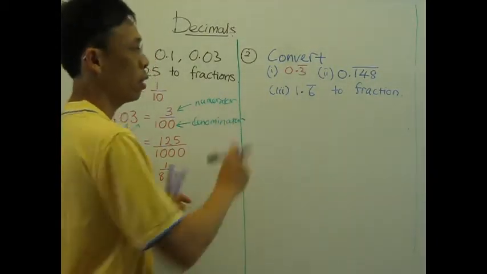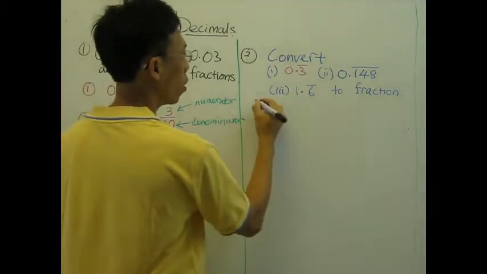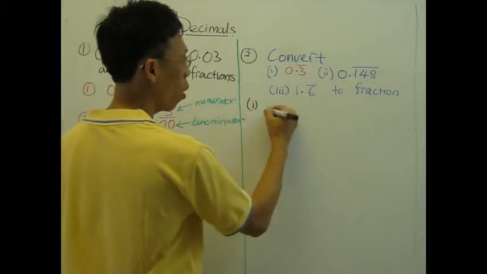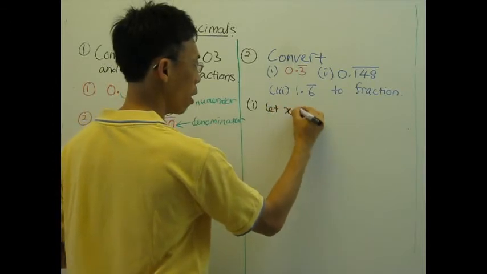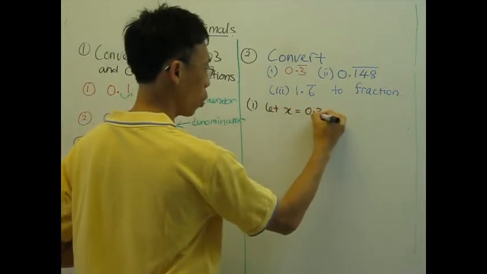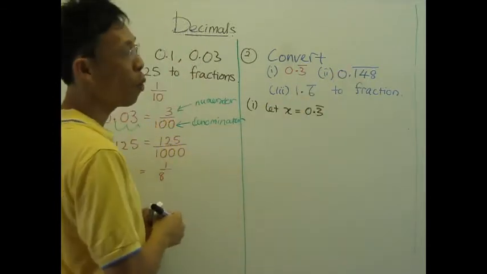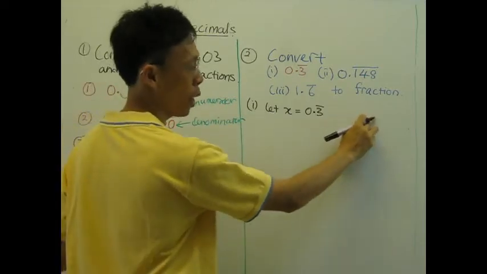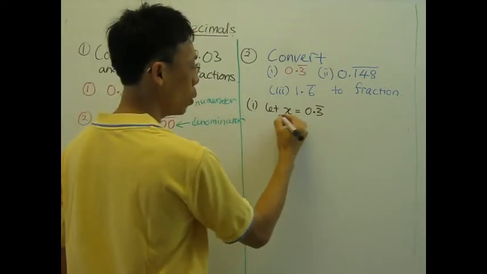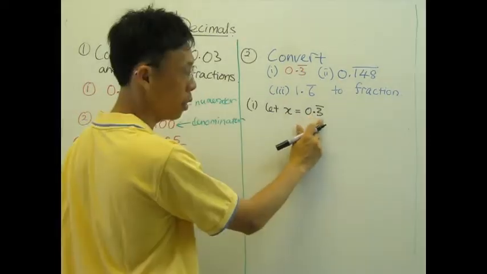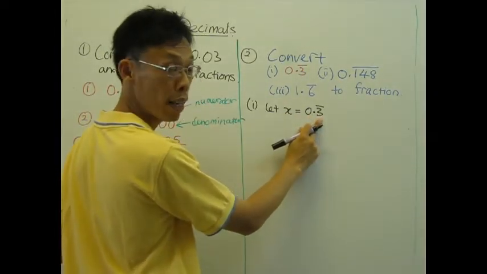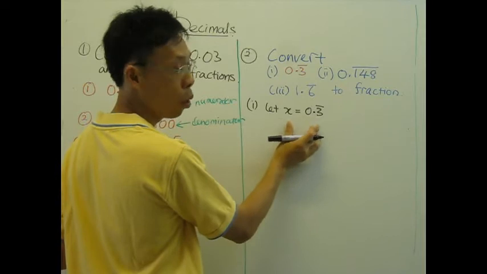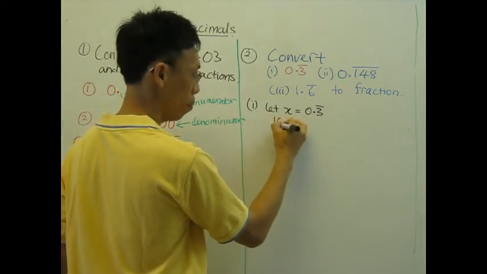How do you show that this is actually a fraction? Well, the way to do it is to say, let x equal 0.3 with a bar on top. That means 0.3 repeats by itself. And then what we do is, because this is one decimal place, I will multiply it by 10.